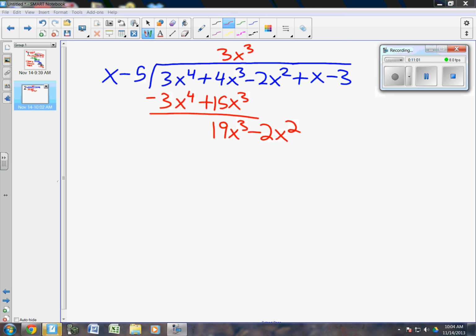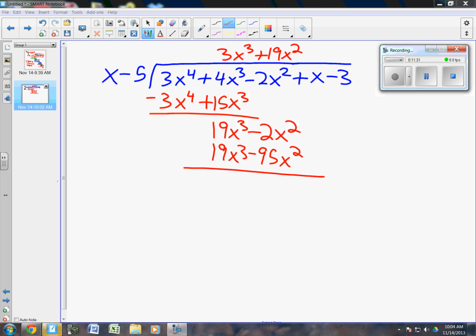What do I times x by to get 19x cubed? 19x squared. So I times 19x squared times x, and I get 19x cubed. And I times 19x squared times a negative 5. What is that, 90? Negative 95, I mean. Negative 95x squared.